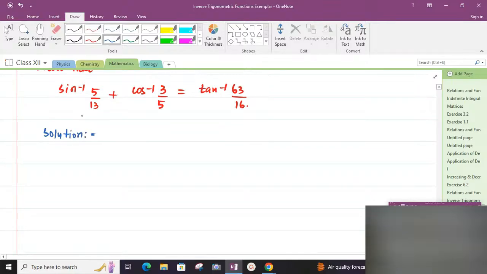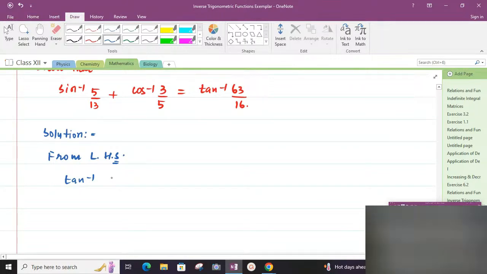From the question it is clear that we consider from LHS. So we write down here from LHS. We convert sine inverse into tan inverse. So here will be tan inverse. We write down here sine is p by h, so here will be tan is p by b.